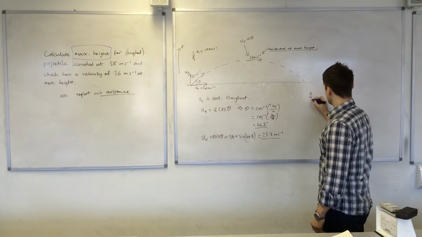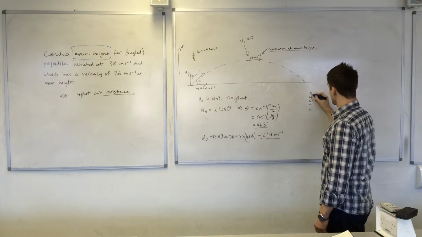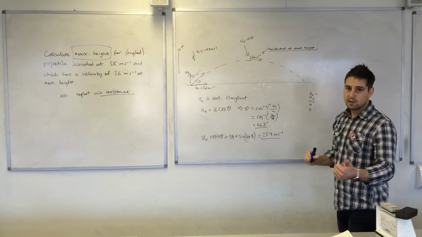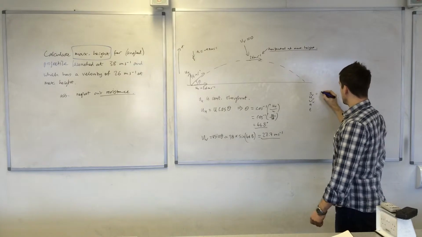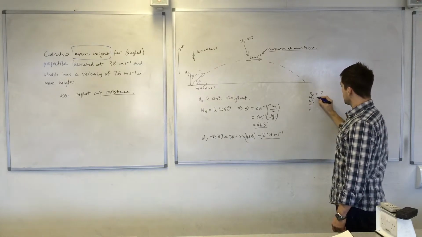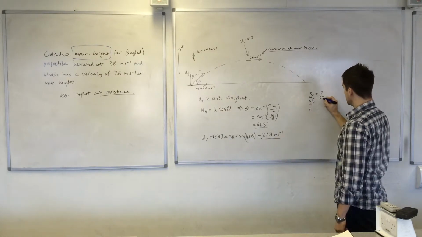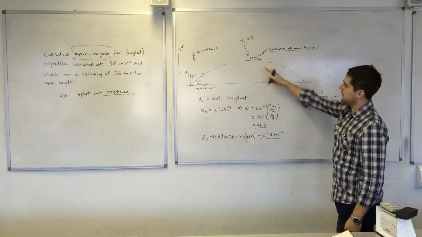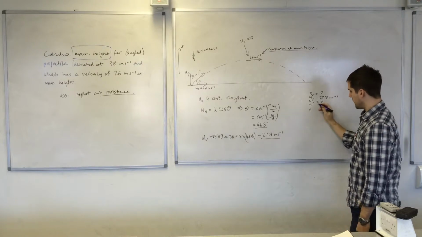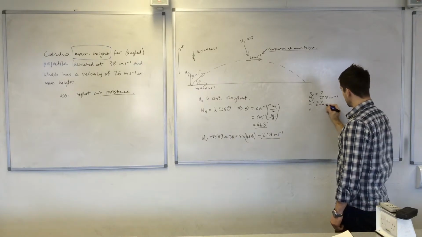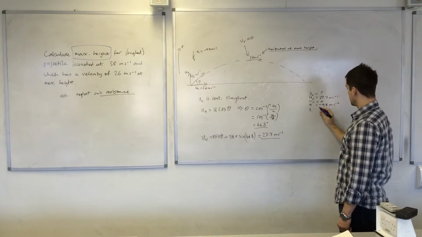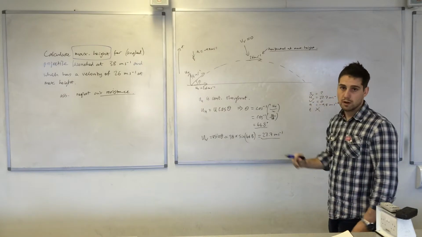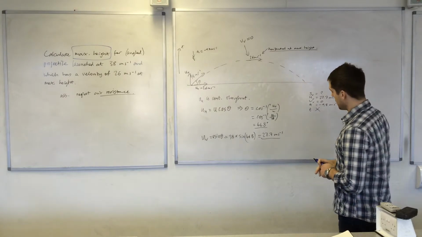So we'll write down what everything is. sV, that's what we want to find, the maximum height. uV, we just calculated, 27.7 meters per second. vV, that's 0. And a is minus 9.8 meters per second squared. And t, we don't need to note it, because we have four quantities, one of which is our unknown.